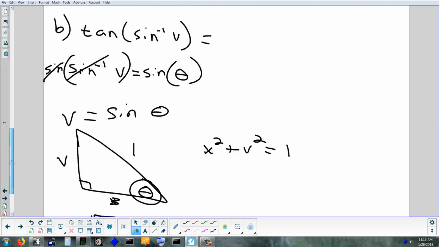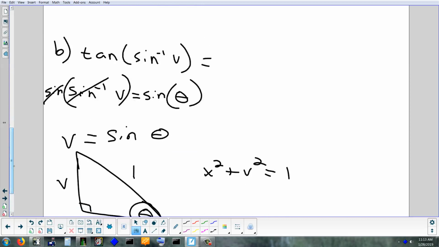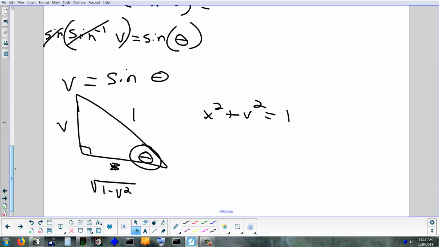All right, so now we've drawn out our picture, labeled the missing side, and now what do they really want to know about that angle? They want to know the what of it? They want the tangent. Inverse sine v, we just drew a picture of. That was our theta. So now we want the tangent of theta. All right, tangent. Gabe, what two sides are involved with tangent?